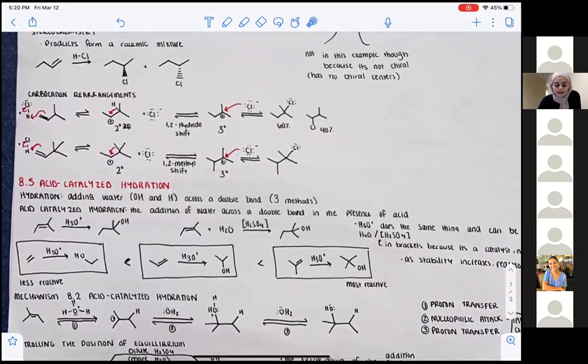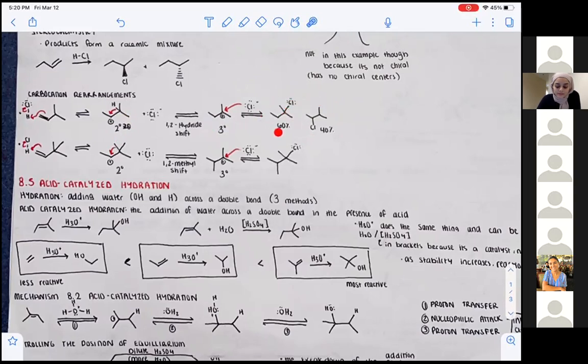Also, something to note is that these types of reactions can do carbocation rearrangements, and a lot of other ones can too. If you remember from last exam, we were introduced to this concept, but pretty much it's when the carbocation moves so that it's more stabilized. So over here, you can see that it's moving from a 2-degree carbocation into a 3-degree carbocation, so our product would be more stable at the end.